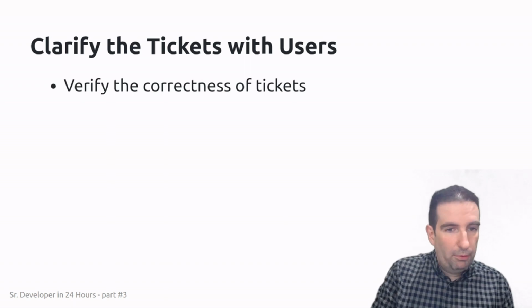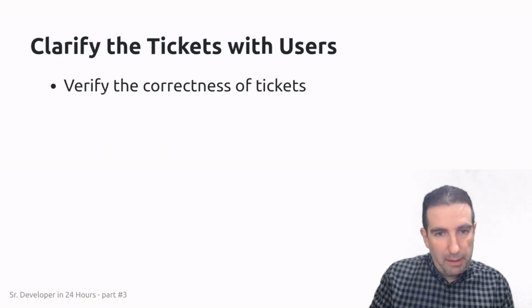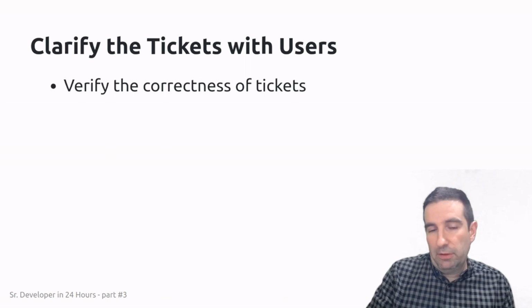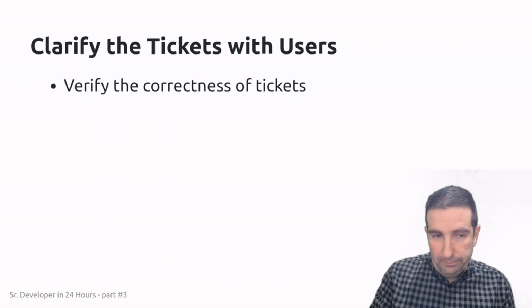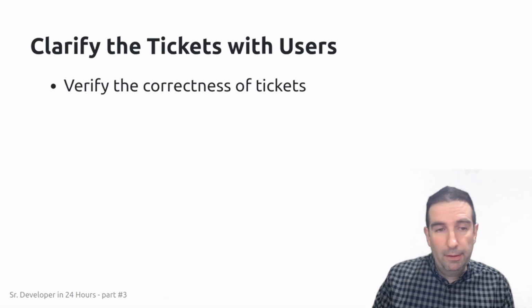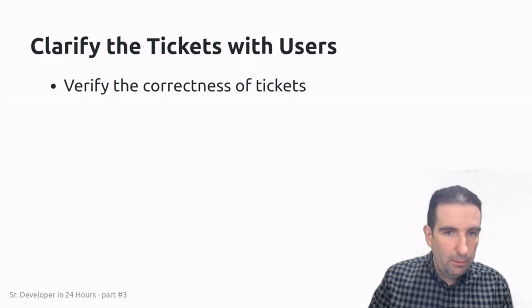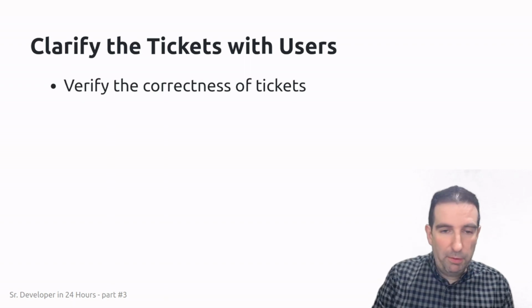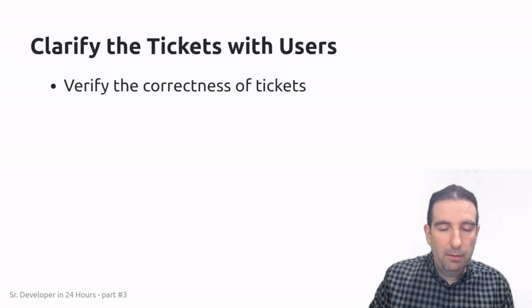So as we're reaching this last stage where we create the actual work items that we're going to start handing out and working on to achieve the user requirements that we started with, we want to verify that our tickets are correct and that they really represent what the user wants. If we cannot talk with the users directly, we might be able to talk with the business analyst, with the subject matter experts, with the people that are helping us gather these requirements that we are then putting into tickets.